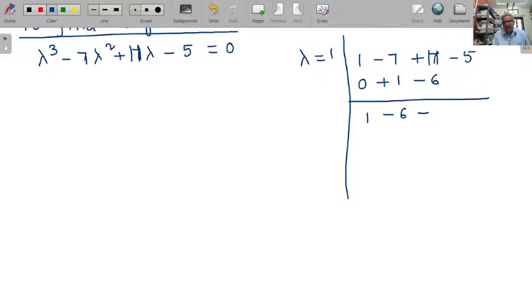Write down 11. So 11 minus 6 is plus 5. Minus 5 plus 5, 0.